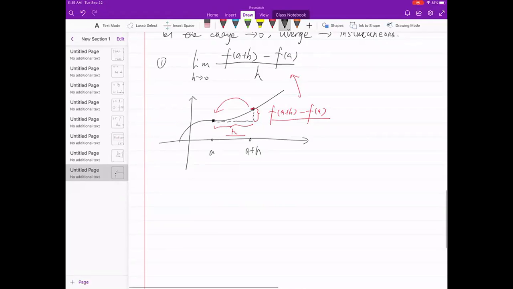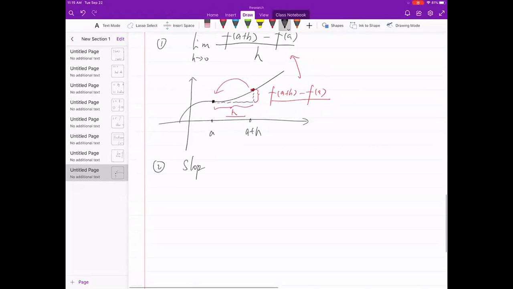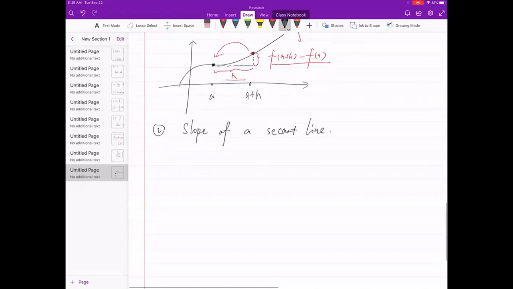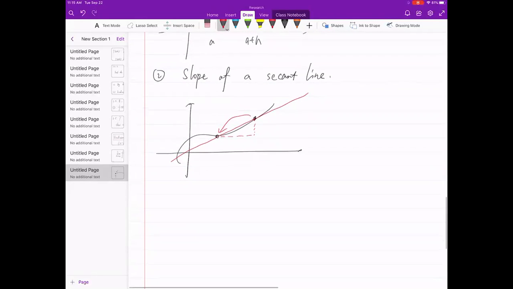All right. Now, judging by the graph, we have a second conclusion. Basically, this over that is nothing but the slope of a secant line, which is given by this. That's the average rate of change. Totally makes sense. Now you let this point go closer and closer to this one, and the secant line becomes a tangent line.